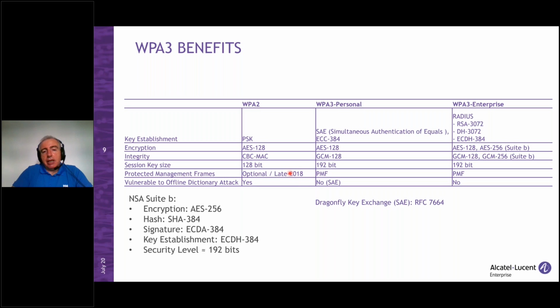In late 2018 it changed, and now it is required, but most implementations still stick to the optional requirement from WPA2. In WPA3, even in personal or enterprise, it is mandatory. So you have to encrypt and protect your management frames.